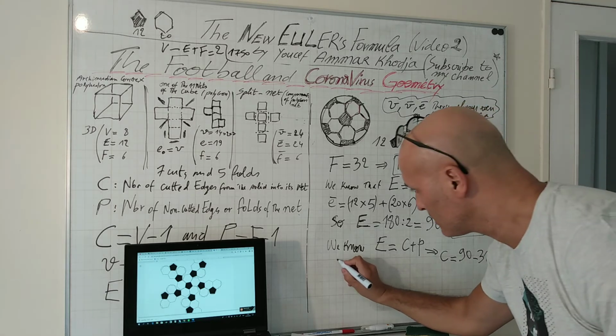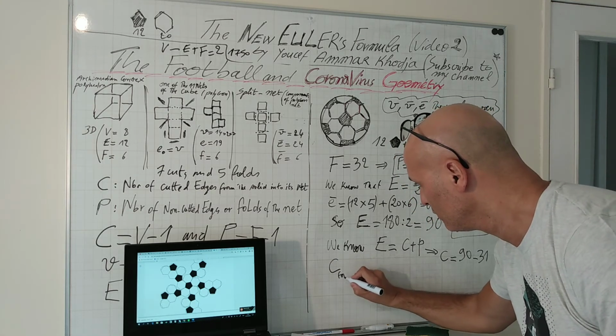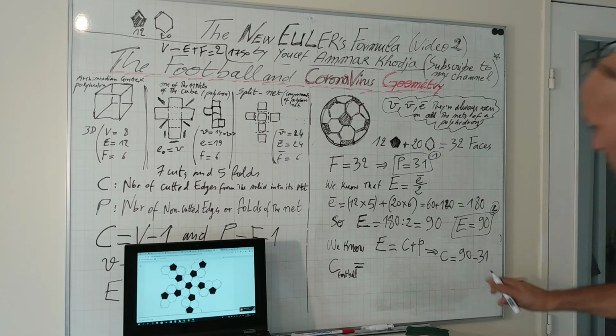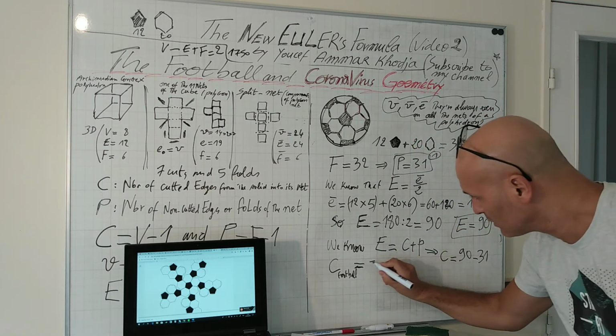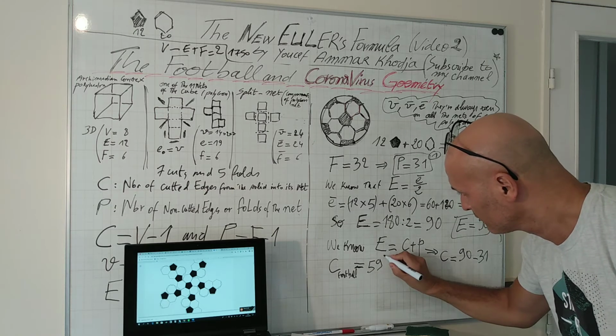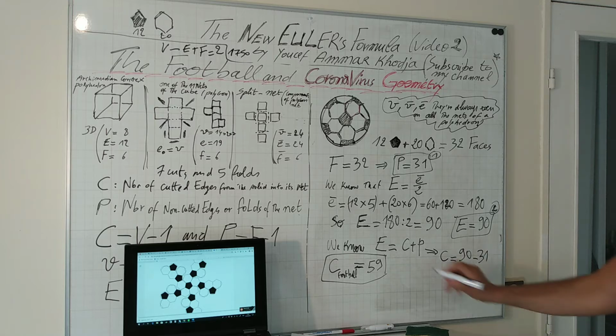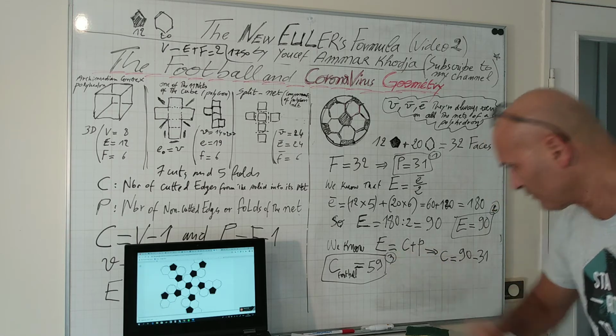Number of cuts, C football, equals 90 minus 31, 59 cuts. Result number 3.